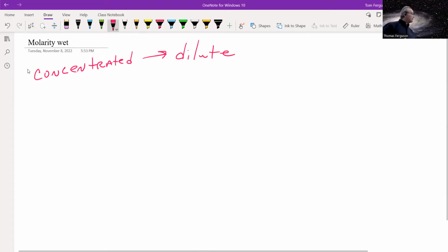The most frequent wet molarity problem you run into is taking a concentrated solution and diluting it down to whatever the concentration you want is. Frequently, when we buy acids for the stock room, we buy them concentrated and we dilute them down to what we want. It's cheaper that way because they don't have to ship water around.